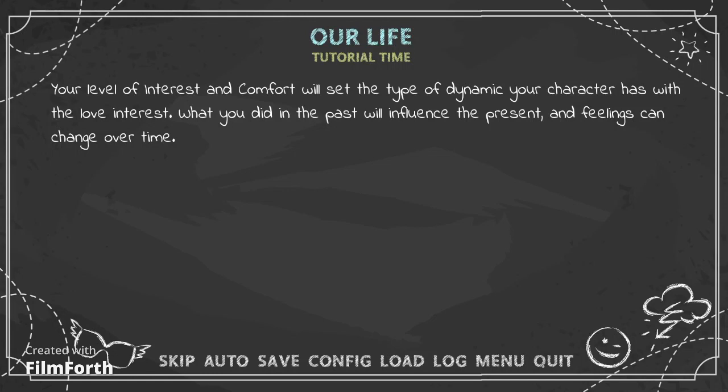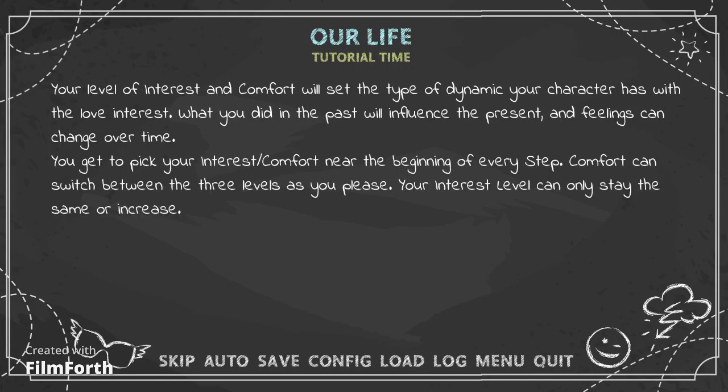What you did in the past will influence the present, and feelings can change over time. You get to pick your interest and comfort near the beginning of every step. Comfort can switch between the 3 levels as you please.